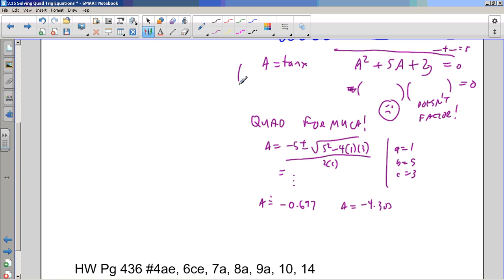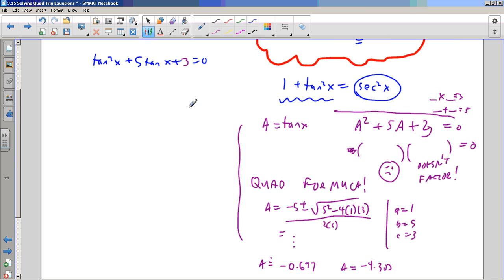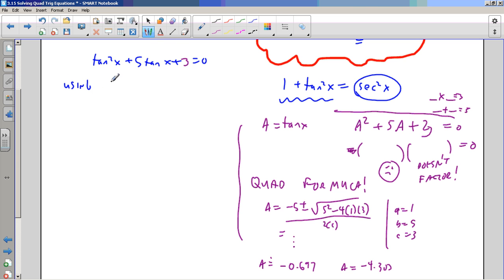So what does this mean? This is all my side work. Well, I don't have a equals that. I have tan equals that. So using the quad formula, I have tan x equals negative 0.697, or tan x equals negative 4.303, and this gives me two grade 11 equations again.